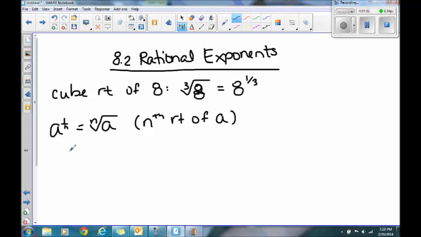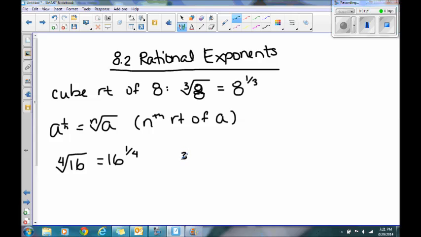So the first thing we're going to do is practice going back and forth. If you're asked to find the 4th root of 16 using rational exponents, we would write 16 to the 1/4 power.